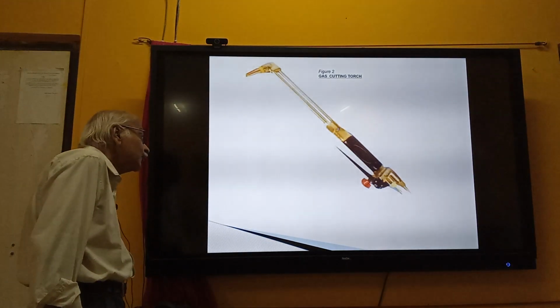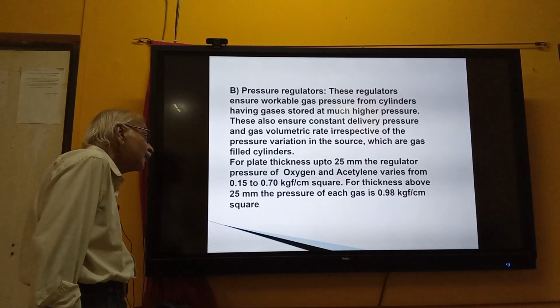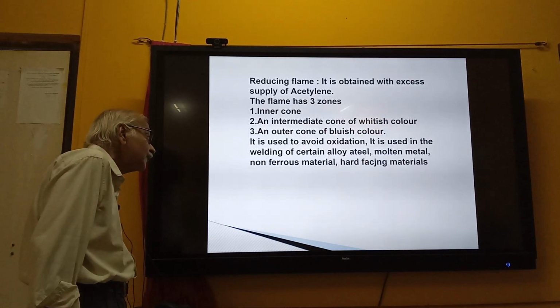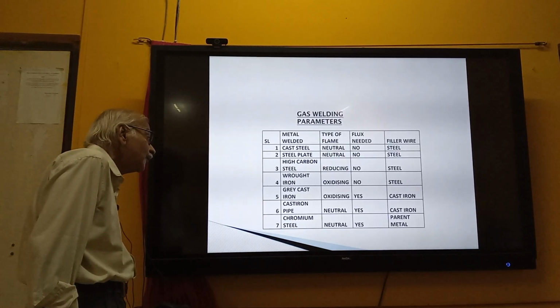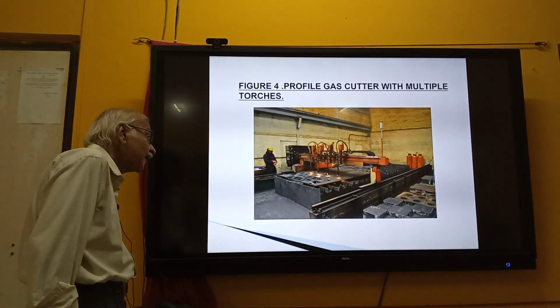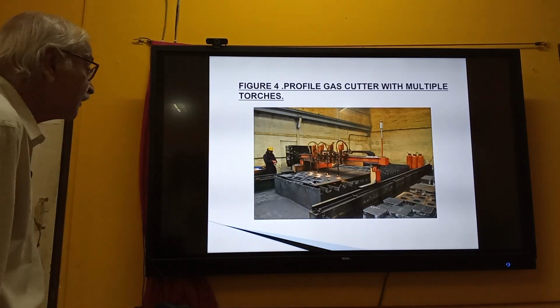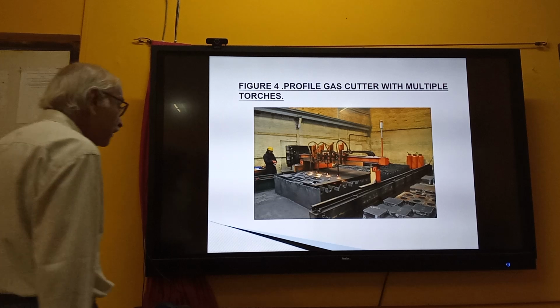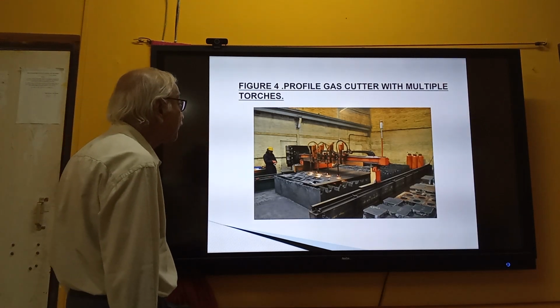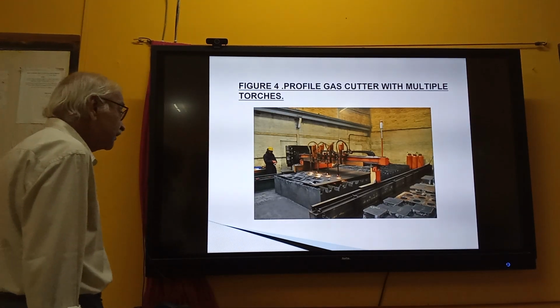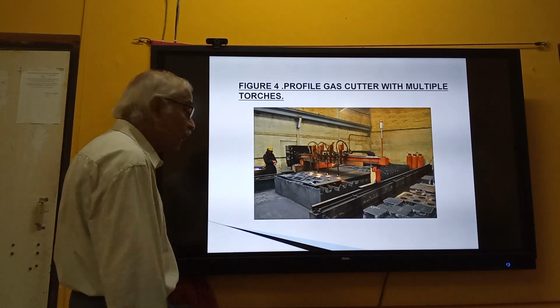Okay. So this is the gas cutting setup. Now here you can see the multiple gas cutting nozzles that are used in a profile gas cutter. This is very widely used in industry.